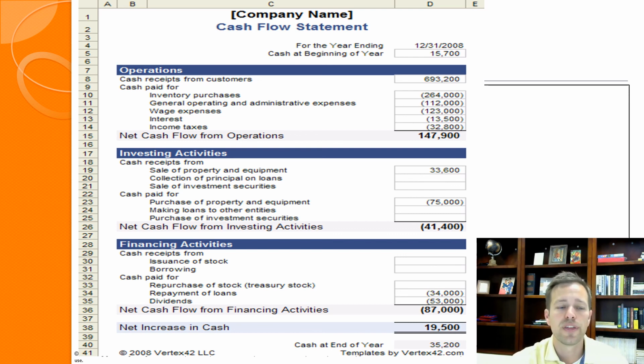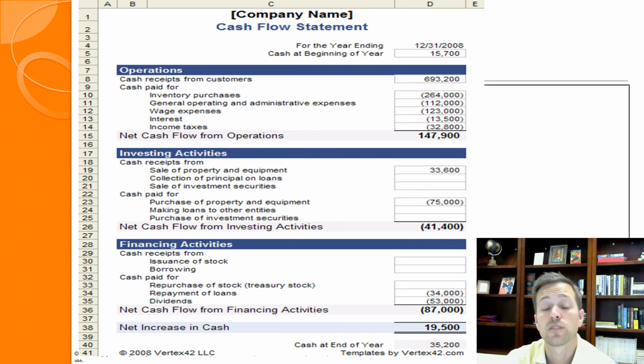And then all of the outflow from operations: your inventory, your operating and administrative expenses, your wage expenses, your interest, and your income taxes. And that results in $147,900 positive cash flow from operations.